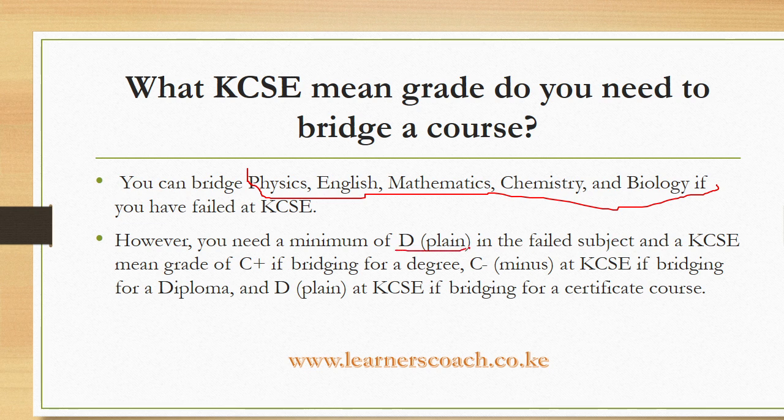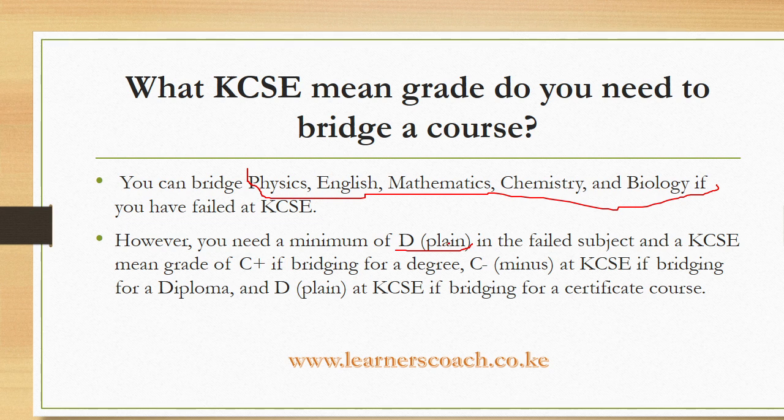Underline that. So, let's say you want to bridge in chemistry. You need to have at least a minimum grade in chemistry for you to bridge it to maybe a C minus or a C plus.